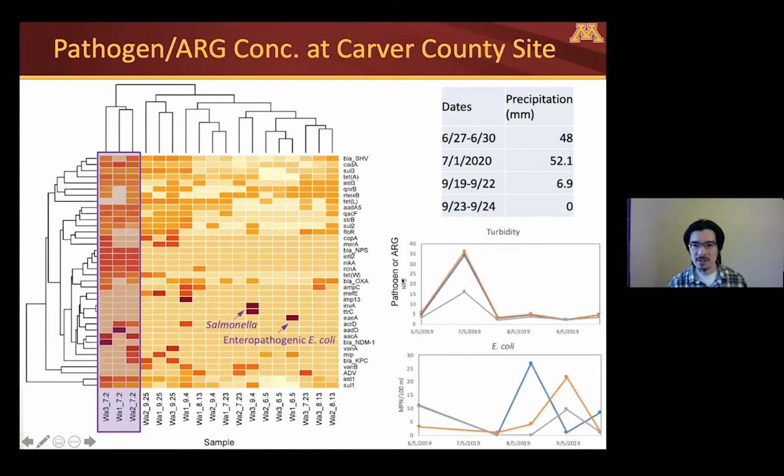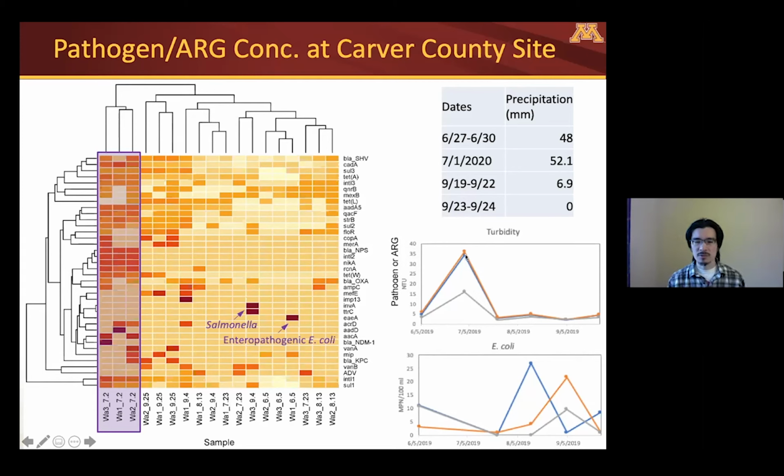As you can see in this turbidity plot, the turbidity increased on July 2nd. And this is probably related to the storm event. There are 3 lines, orange, blue, and gray.